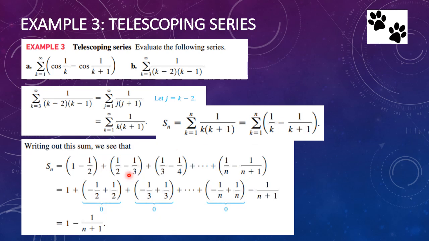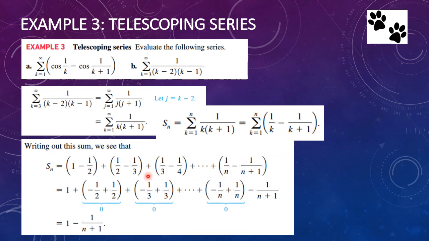So when k equals 1, we get 1 over 1, which is 1, minus 1/2. When k equals 2, we get 1/2 minus 1/3. And then we get 1/3 minus 1/4, all the way up to the last term when k equals n, we get 1 over n minus 1 over n plus 1.